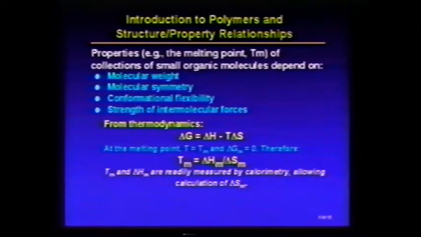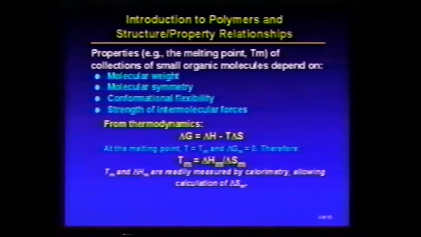At the melting point, you will recall that the free energy of melting is 0. The melting point is the temperature at which solid and liquid coexist at equilibrium, and by definition at equilibrium delta G is 0. So the melting point then can be cast as a very simple ratio of the delta H of melting to the delta S of melting.